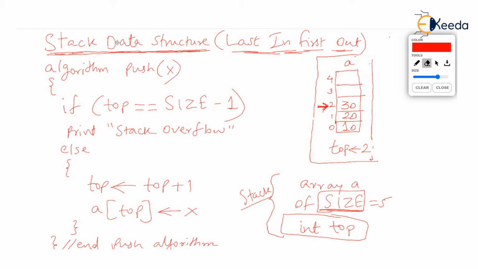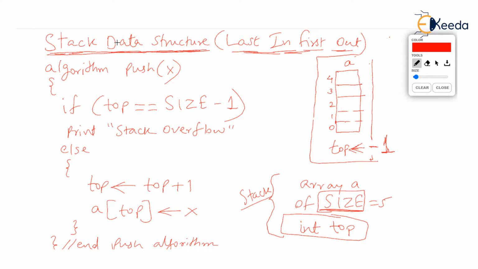Now, initially, you know that as we start our program, there is nothing in the stack. The stack is empty. In that case, any program on stack should start with the initial value of top. The initial value of top should be -1. Now, what do you understand when top is -1? Check how logical it is.